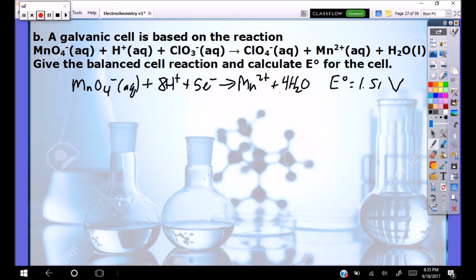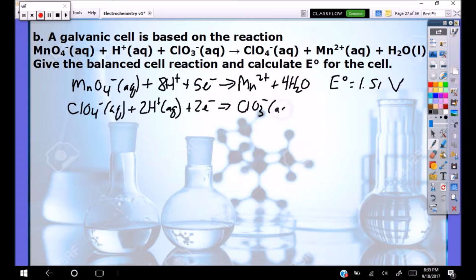I had the perchlorate ion aqueous plus 2H plus, 2 electrons, and we get ClO3 minus aqueous plus 1 water.